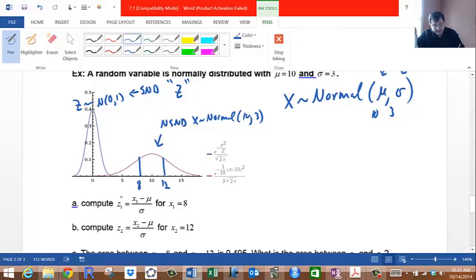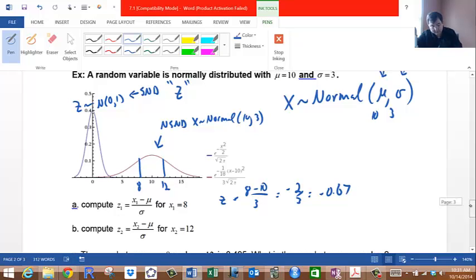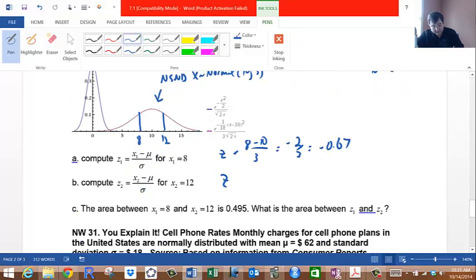So we do that, and we get Z equals 8 minus 10 over 3, which is minus 2/3, or minus 0.67. Okay, and Z equals 12 minus 10 over 3.